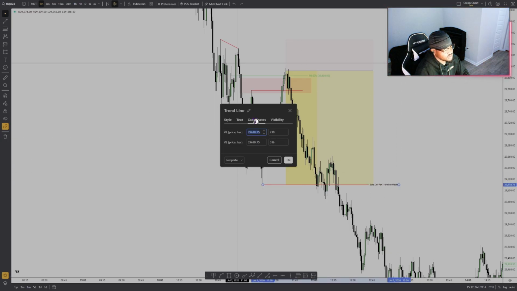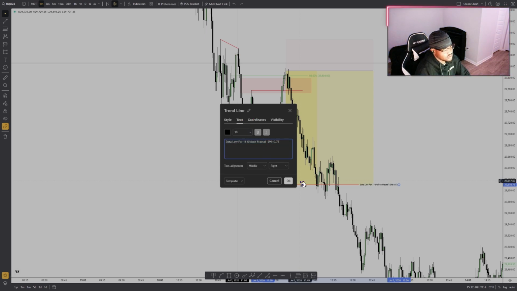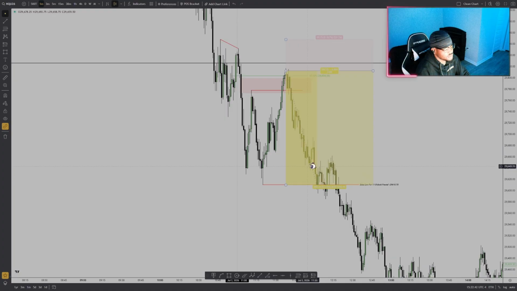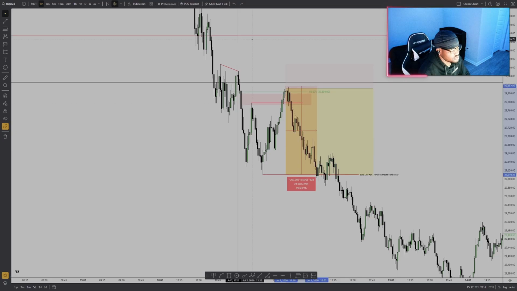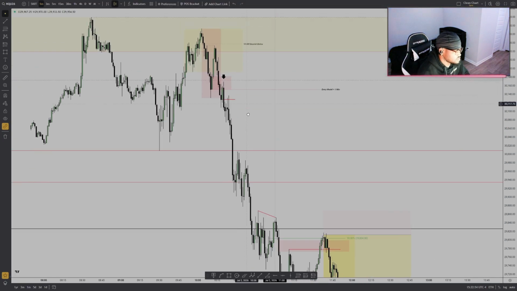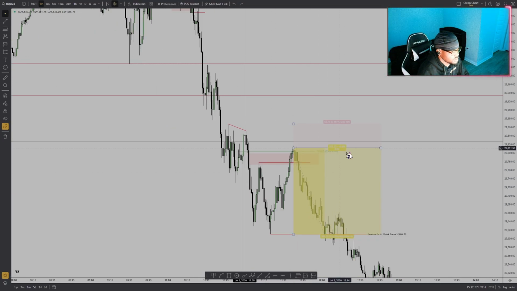And that data low for the 11 o'clock fractal was 29,610 and 3 ticks. And we smashed that target. And that took roughly 24 minutes. So every trade duration throughout the day took about 20 minutes. 20 minutes here, 20 minutes here.